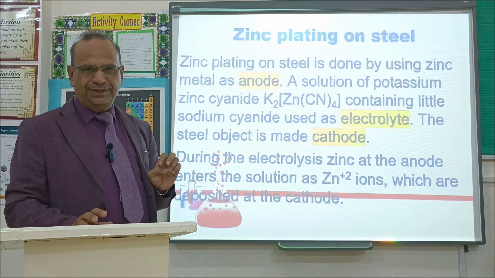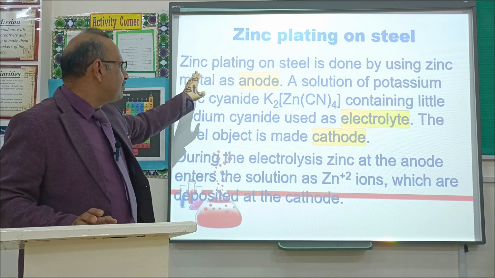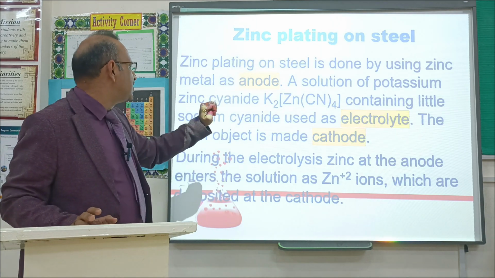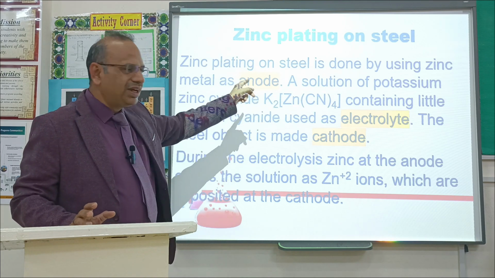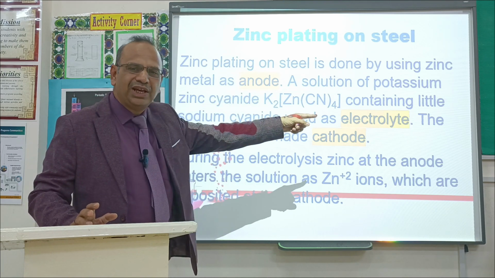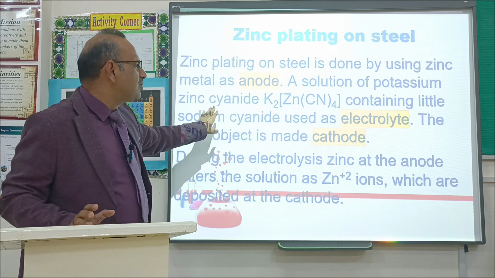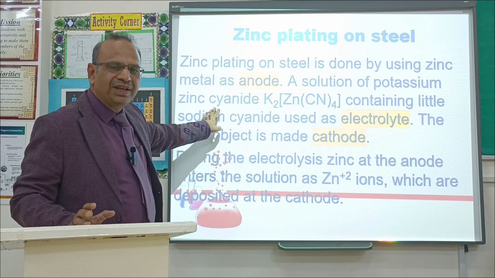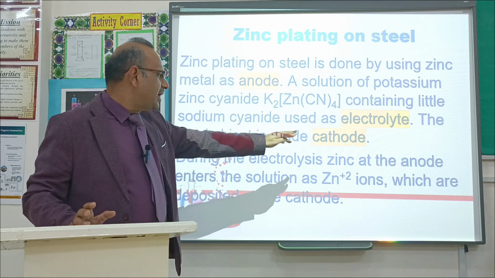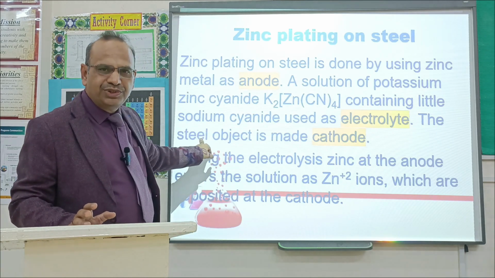Zinc plating on steel. Zinc plating on steel is done by using zinc metal as the anode. You must memorize three things: which one is the anode, which one is the electrolyte, which one is the cathode. For this purpose, we use a solution of potassium zinc cyanide as the electrolyte, and the cathode will be the steel object.